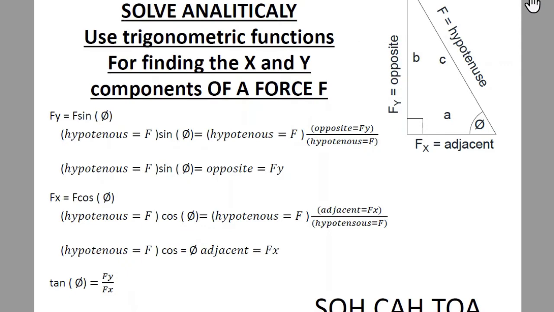And just for a quick refresher, we see here our reference triangle for finding Fy and Fx. When we have theta at the bottom right-hand corner, the opposite side of theta, in this case, would be Fy. So you can see that if we were to move theta from the bottom right corner to instead the upper left corner, the opposite side to theta here would be Fx.